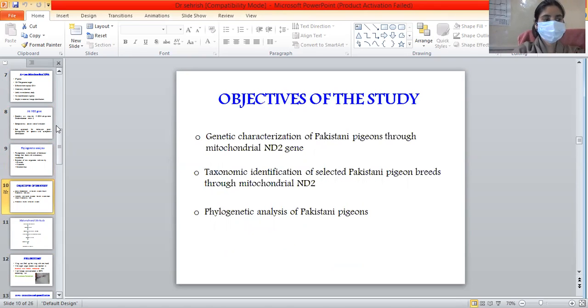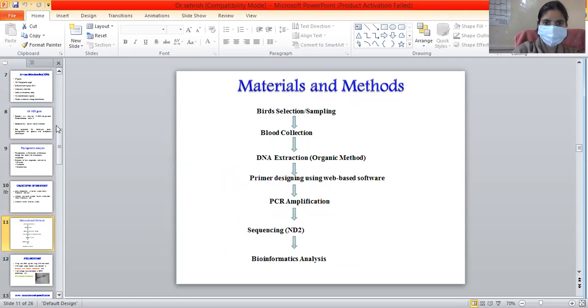Under these considerations, the study has been planned with the following objectives: the genetic characterization of Pakistani pigeons through mitochondrial DNA, their identification at the taxonomic level, and finally, their phylogenetic analysis. This slide shows the methodology step by step, by following which we have conducted this research work.